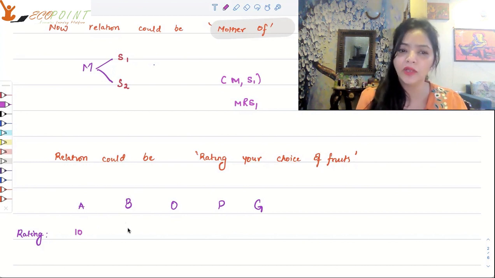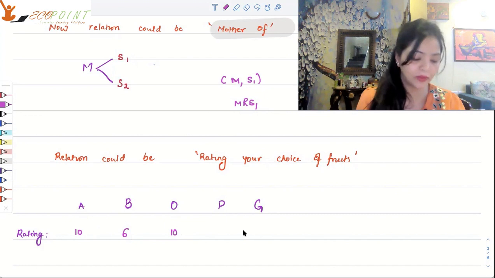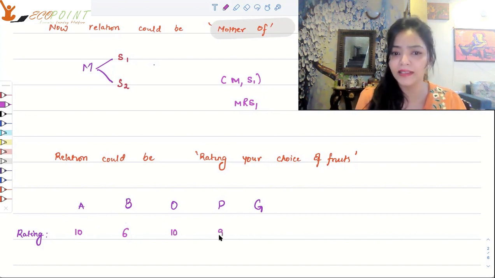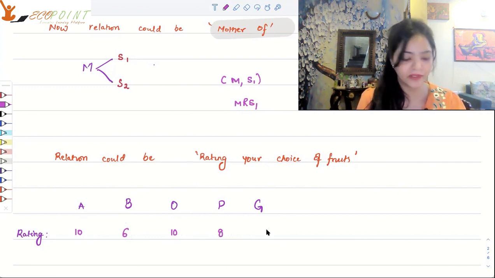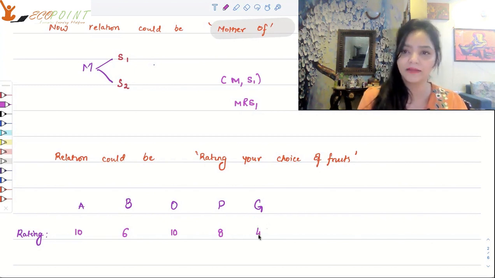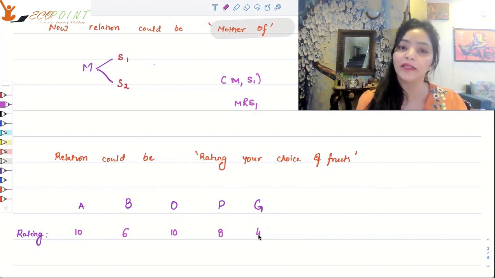I like banana, but not that much. 6 is what I'll give it as a rating. I love oranges, so I'm going to give it a 10 again. Pineapple, I like them, but not as frequently. I take it as probably 6 as well. Guava, not of my preference at all, so I'm rating it 4. I'm basically giving a score out of 10. The bigger the score, the better it is, right?